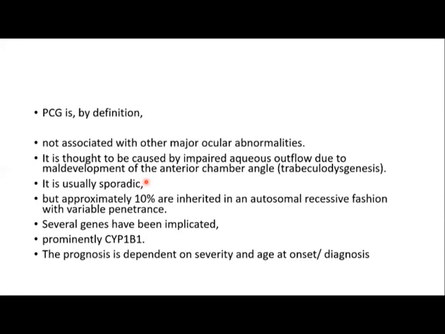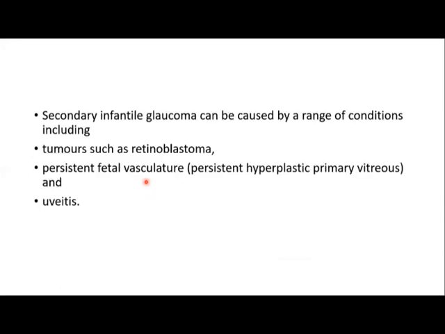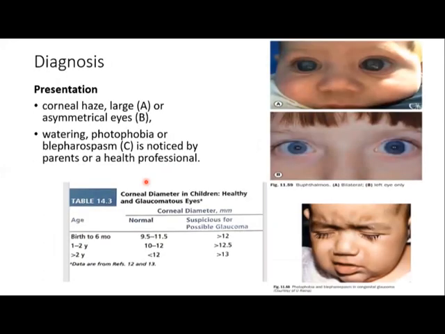The prognosis is dependent upon the severity and age at onset or diagnosis. Secondary infantile glaucoma can be caused by a range of conditions, including tumors such as retinoblastoma, persistent hyperplastic primary vitreous, or uveitis.